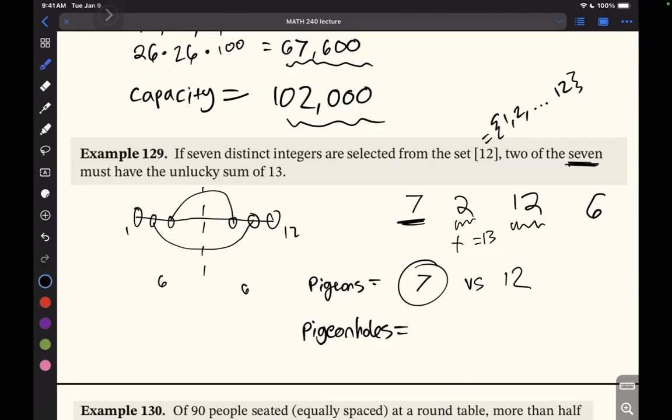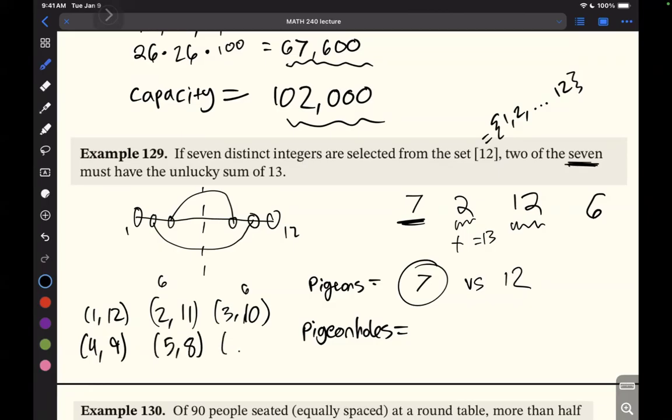And then for the pigeonholes, that's the strategy where we have what? 1 and 12 are 13, 2 and 11 is 13, 3 and 10 are 13, 4 and 9, 5 and 8, 6 and 7.